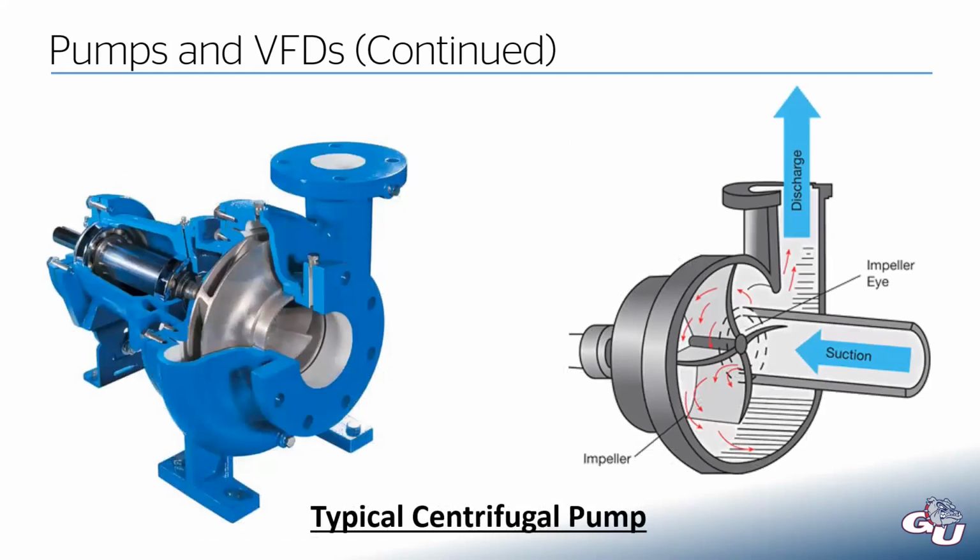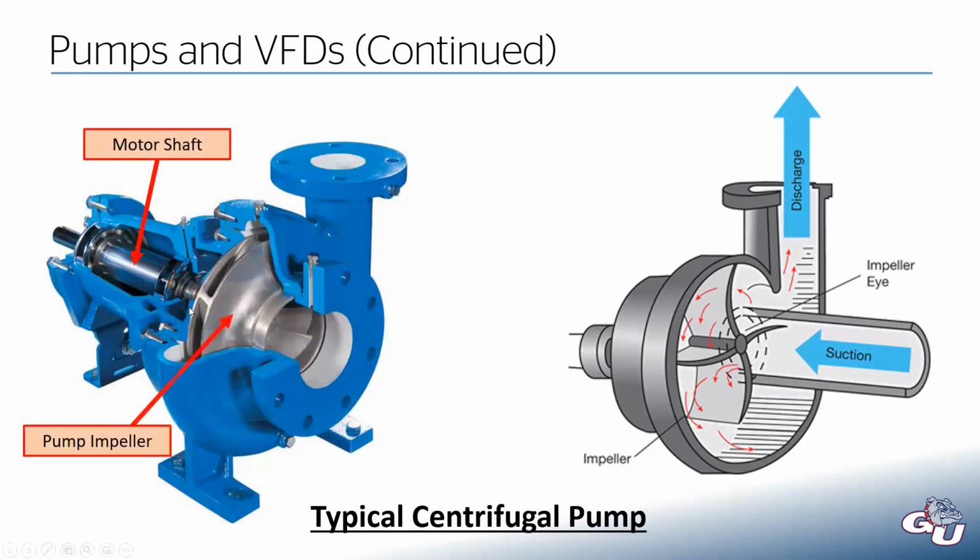Here's a breakdown, or kind of a sectional cutout, of what a typical centrifugal pump looks like. We have our motor shaft, and you can see it's directly mounted to the pump impeller right here. So you'd have a motor attached on this side that's not shown that would spin this motor shaft, which spins this impeller. This would be your pump outlet on the top and your pump inlet coming in right there.